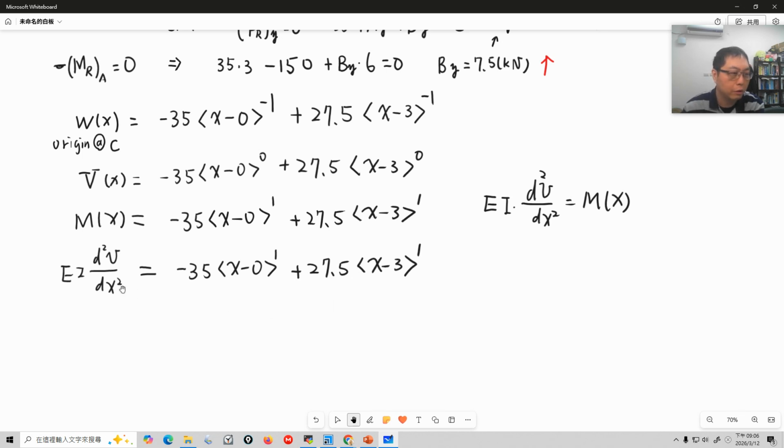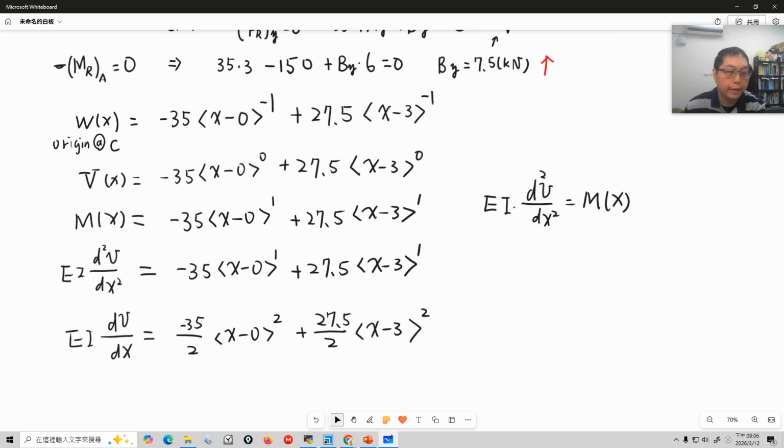Integrating the left-hand side, you get EI times the first derivative of the elastic curve. Here, looking at the power of the discontinuity function, which is 1, it's just the typical integration rule. So you get minus 35/2<x - 0>^2 plus 27.5/2<x - 3>^2.